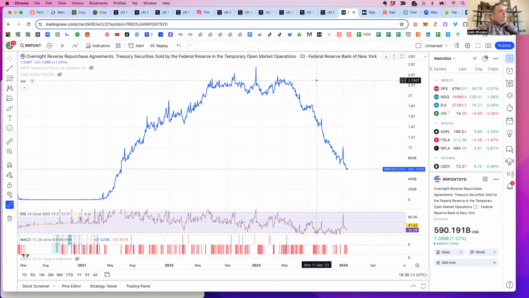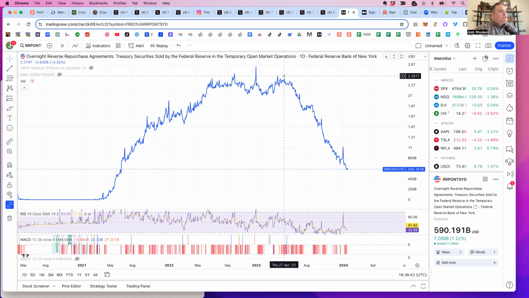Long story short, every day, every night, the central bank, commercial banks, and the U.S. Treasury are buying and selling securities or treasuries to each other. Depending on which direction that's going has a lot to do with the amount of liquidity in the commercial market, aka the market that you and I can make money off of.